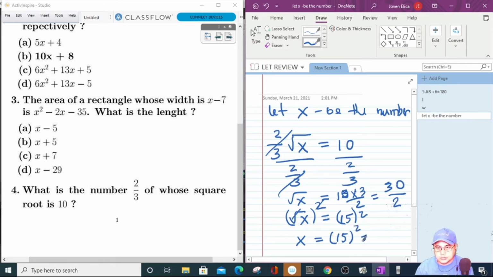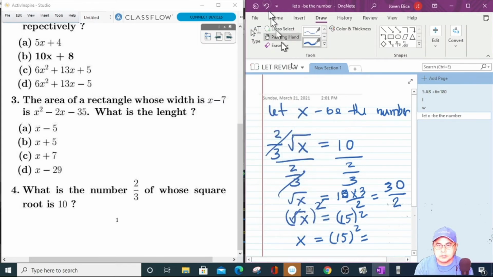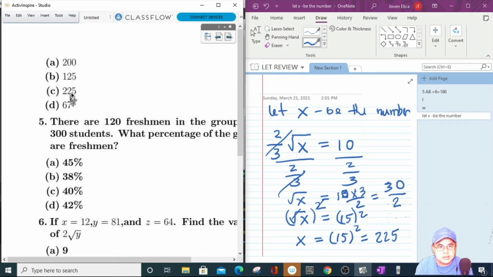Which is equal to 225. So the answer is 225.